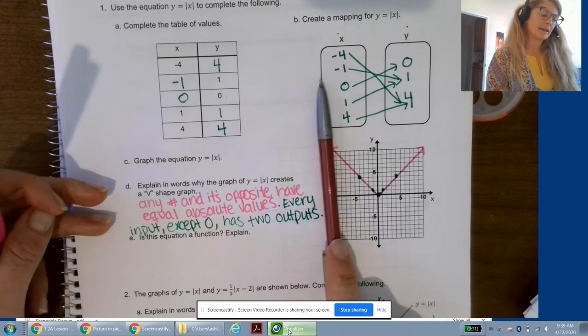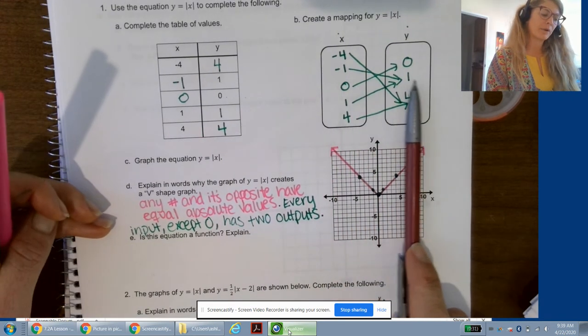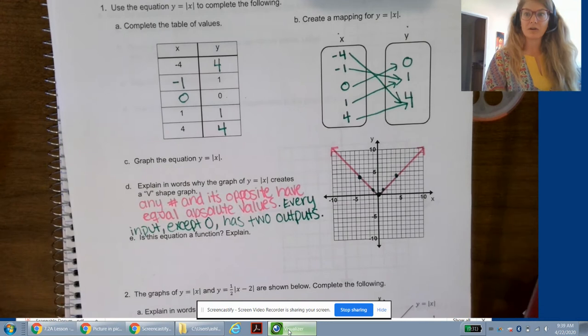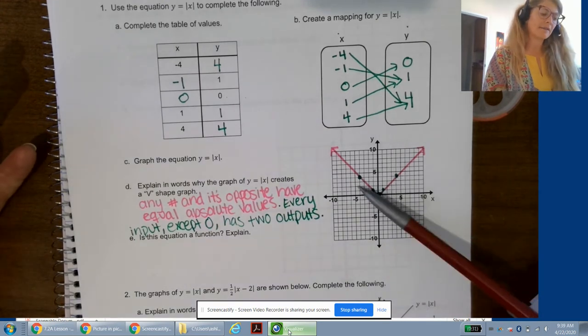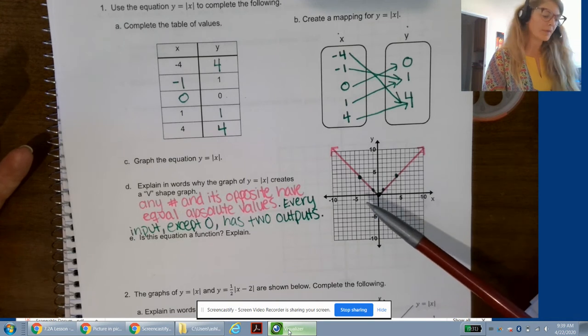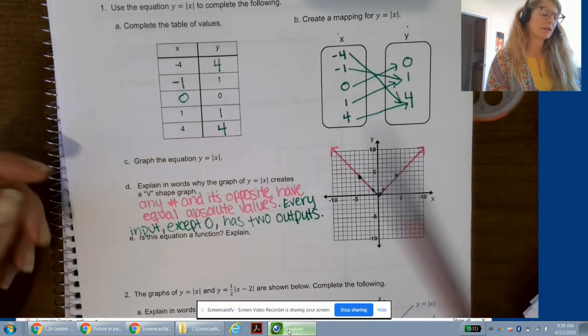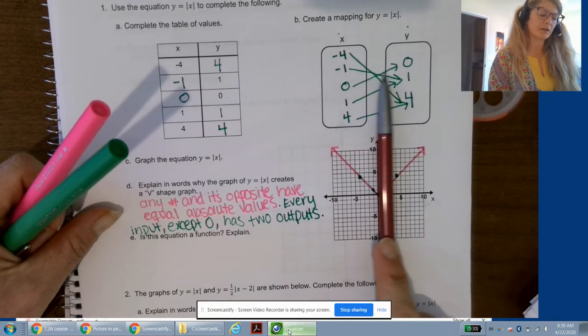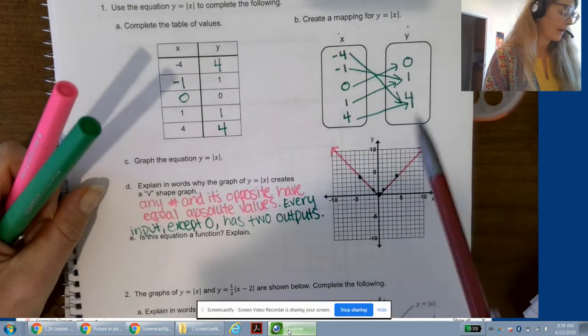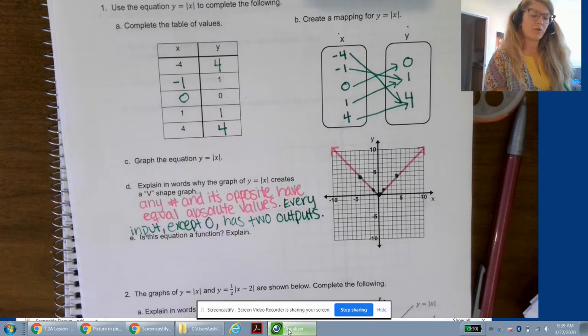If I did intersect the graph at more than 1 point, that means there's a vertical segment, or two points, two outputs for the same input, and my vertical line would intersect the graph at more than 1 point. So here, is this equation a function?